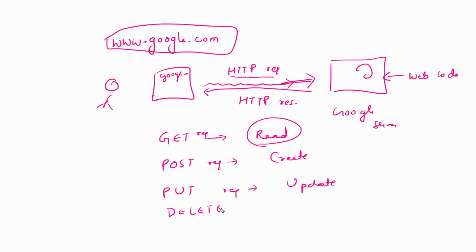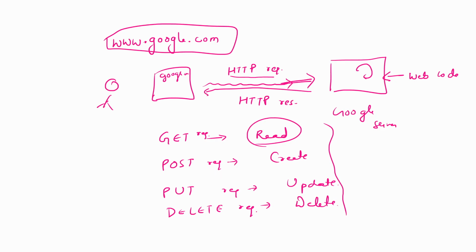Remember, there are a lot of other request types, but I'm covering the four basic types that are required. So these are the four operations we usually perform on the internet. Whenever you send any request, one of these four requests can actually happen.